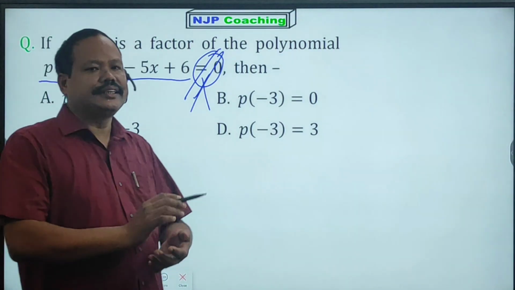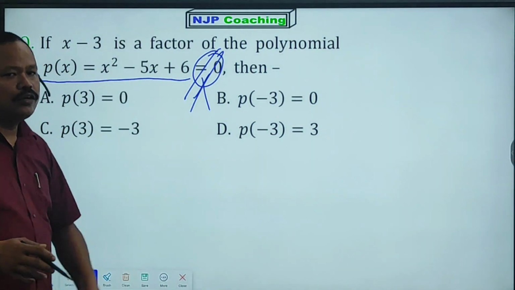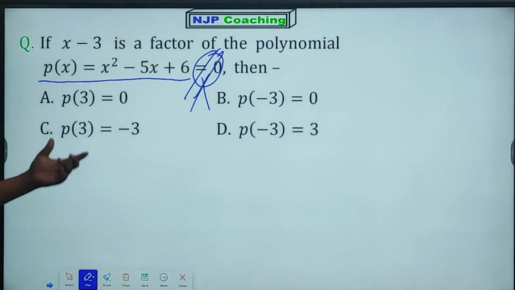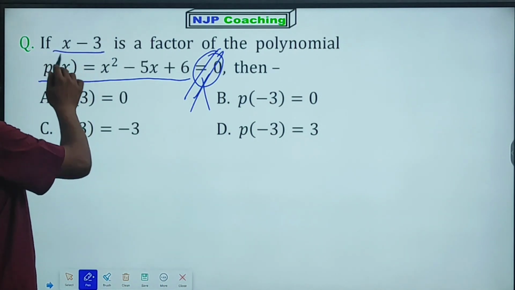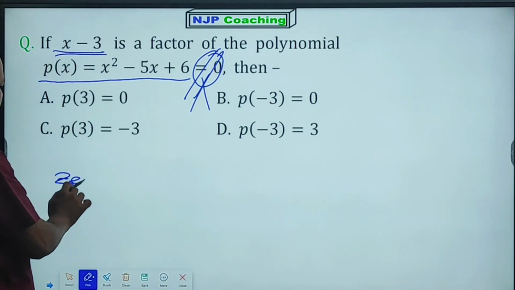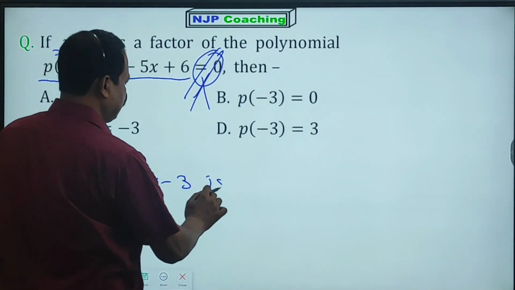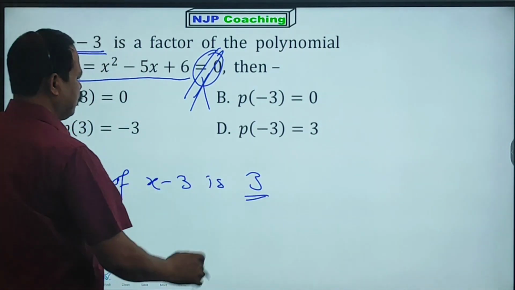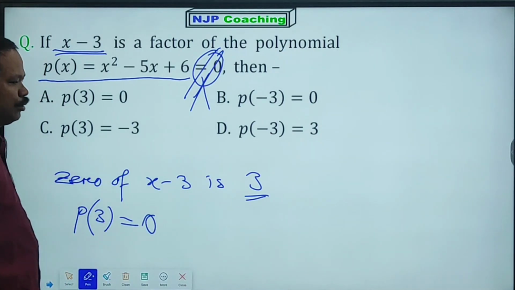If x minus 3 is a factor of the polynomial P(x), then which option will be correct? I know if x minus 3 is a factor, so what is the 0 of x minus 3? 0 of x minus 3 is 3. So P(3) will become 0.